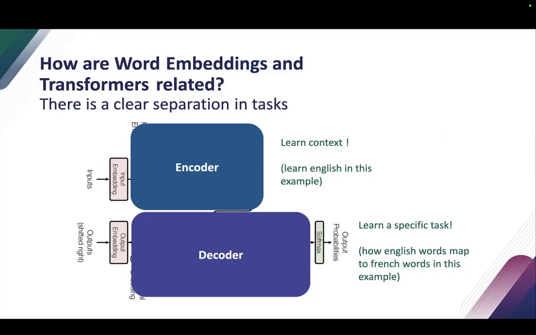The encoder's part is to learn the context because you pass it the whole sentence. So in this specific task, it really learns English in a nutshell. It learns the whole context in the sentence. Whereas the decoder part learns the specific task that you give it, which in this case was translating English to French. So it learns to map English to French words.